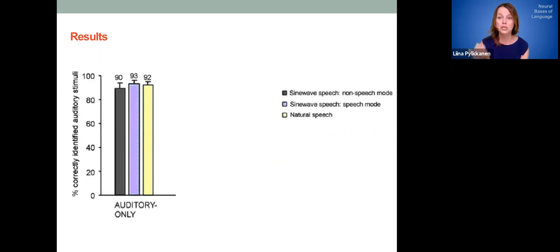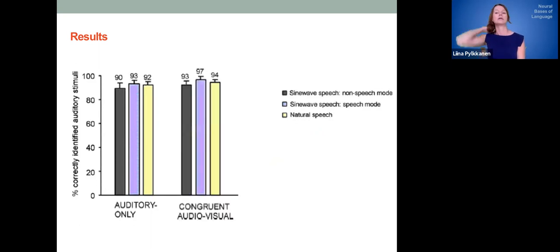Performance should be really good. And it is, 90 and above for all three categories of stimuli. So natural speech, that's the yellow bar. Then we have the sine wave speech, either in speech mode, that's the blue bar, and in non-speech mode, that's the gray bar.